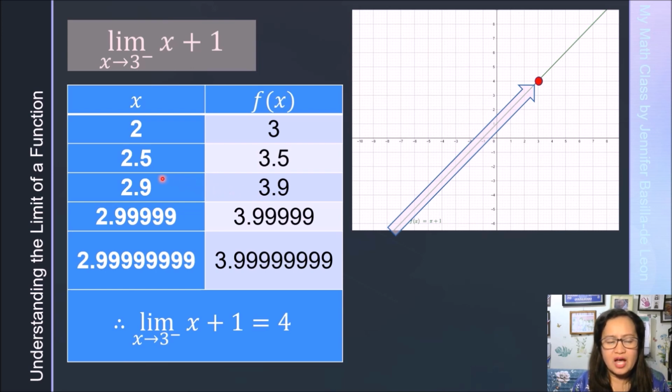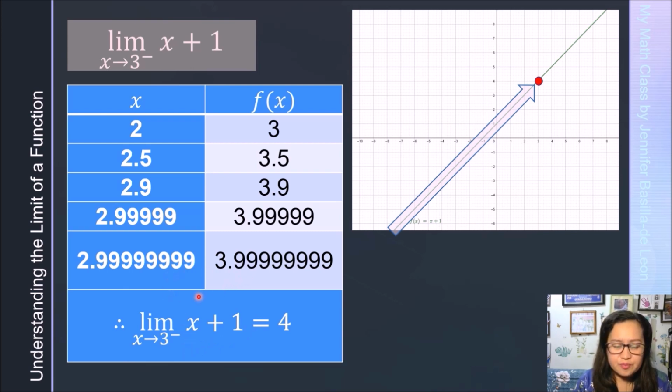Now let's say we have chosen a value that is very much closer to 3. Like if we have 2 point followed by 8 nines, we will have f of x equal to 3 point followed by 8 nines also after the decimal point.